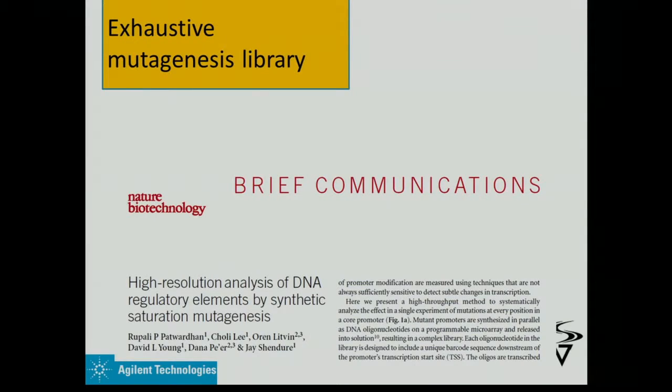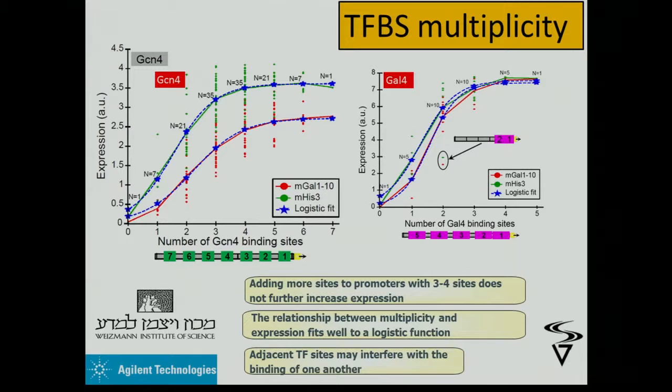I will just mention that sometimes, if we put them too close to each other, they interfere with each other. So if you want to drive expression higher in synthetic biology by using a promoter and putting more core binders on it, you may want to be aware of how close they are to each other.